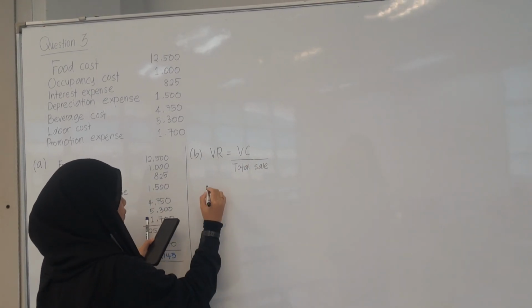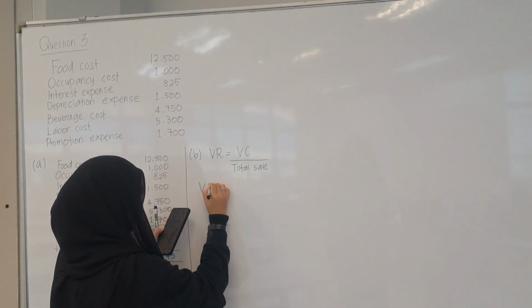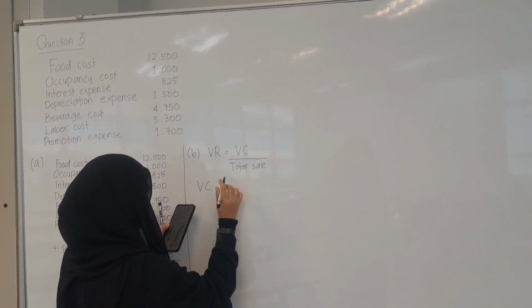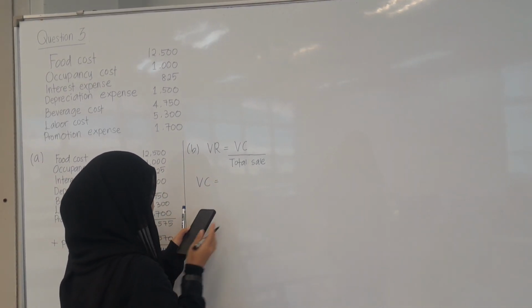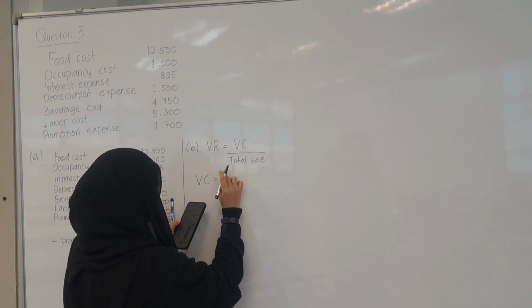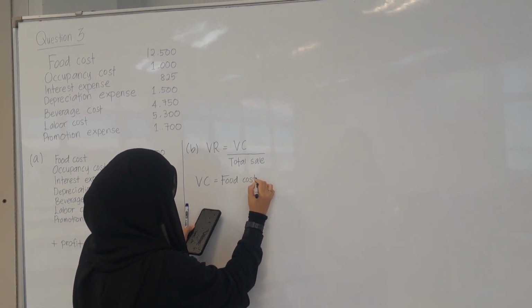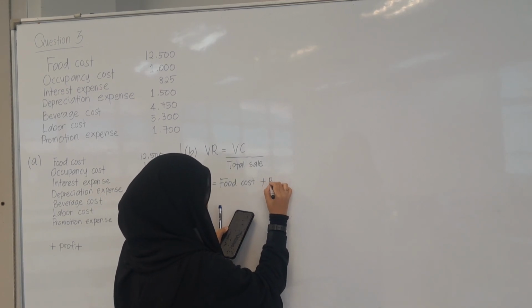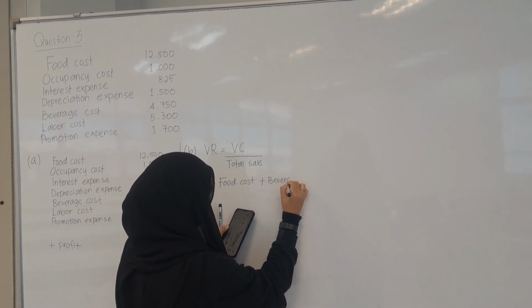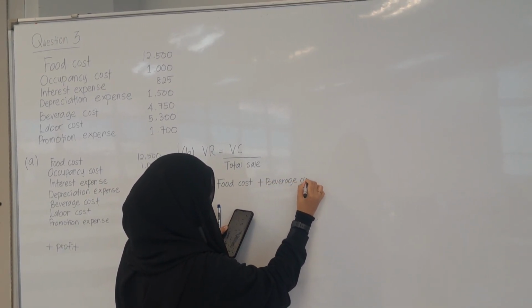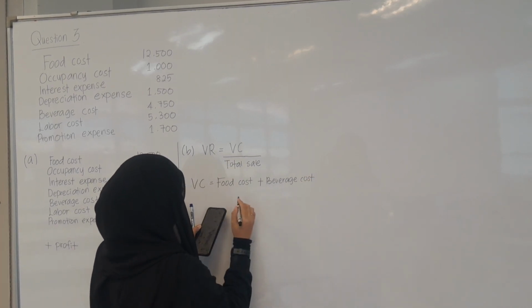To find the variable cost, we just need to add the food cost, the beverage cost, and labor cost.